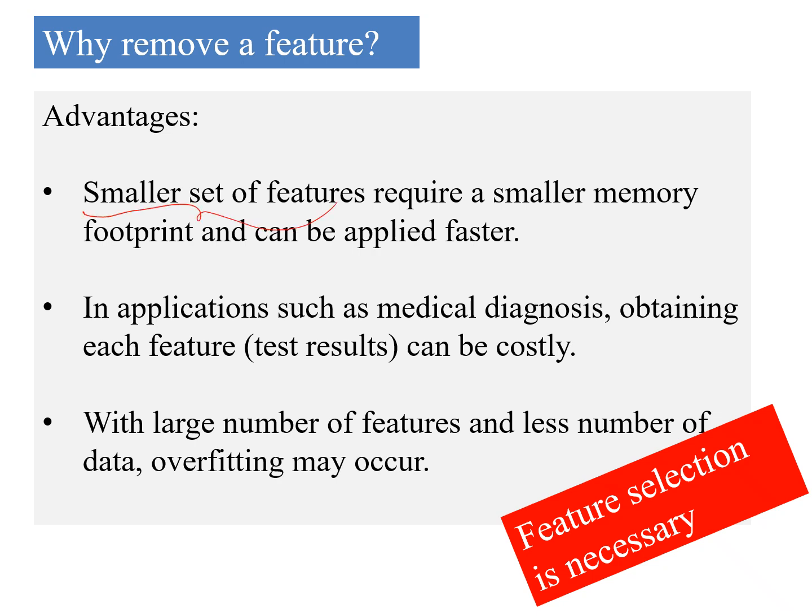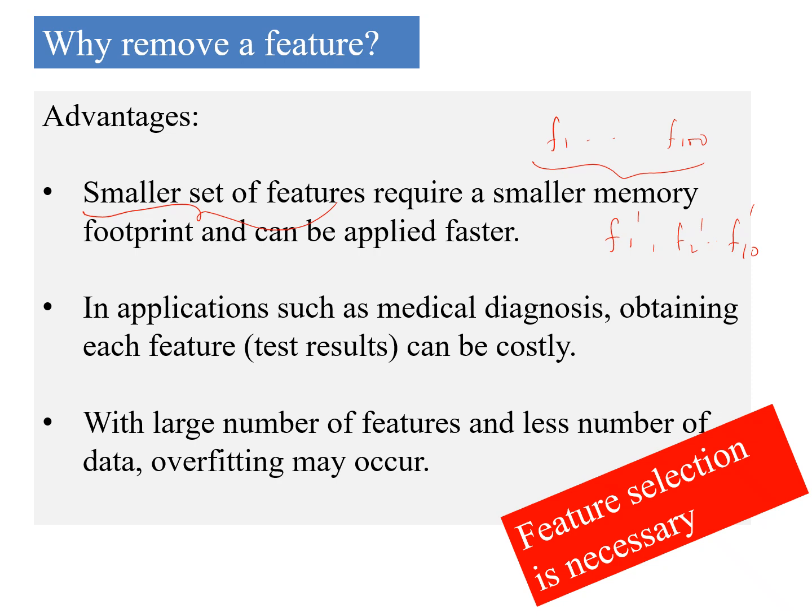One is that a smaller set of features means less computation. Suppose you had features from F1 to F100, and now in the changed scenario you have F1 dash to F10 dash. So out of these 100 you brought it down to 10.